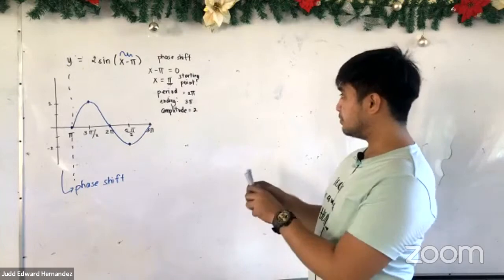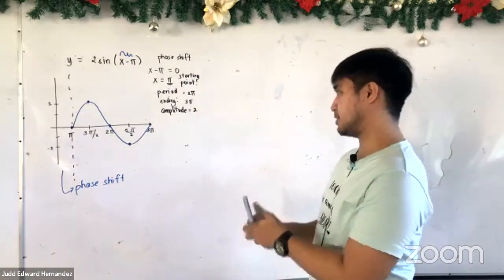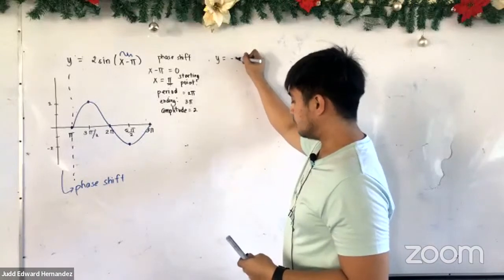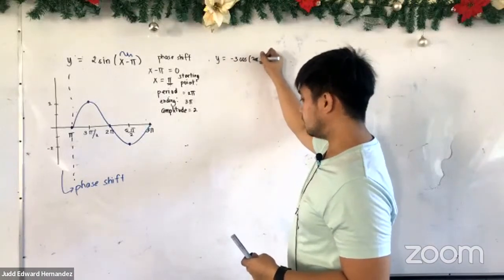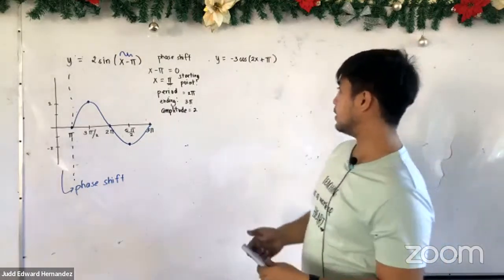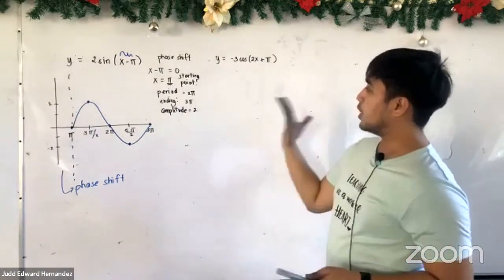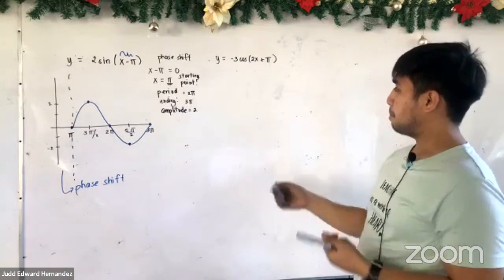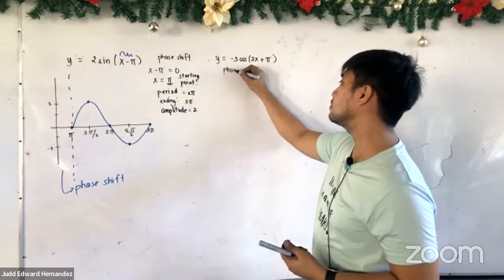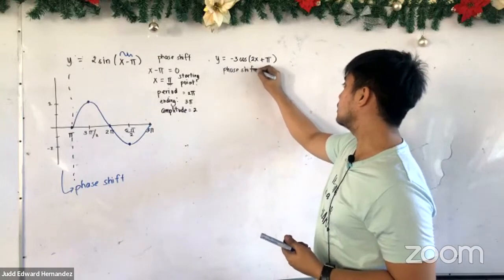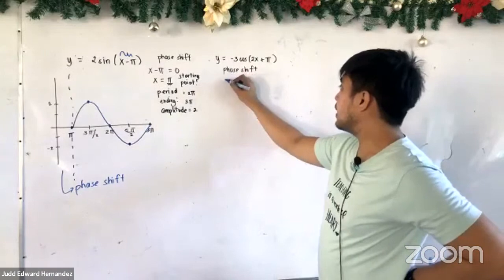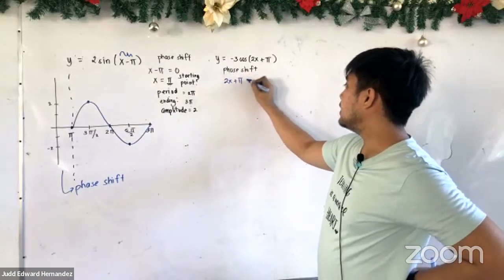Okay, so let's have another example para mas mag-gets. We'll now be having y is equal to negative 3 cosine of (2x plus 5). Okay. Kuhanin natin yung starting point niya. So for the phase shift, we'll now be having 2x plus 5 is equal to 0.